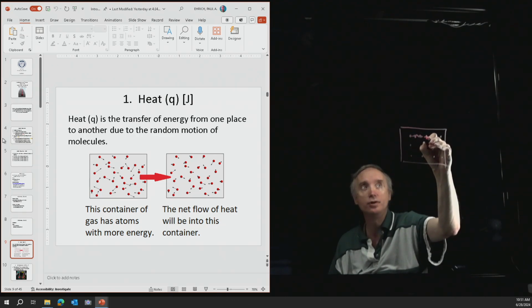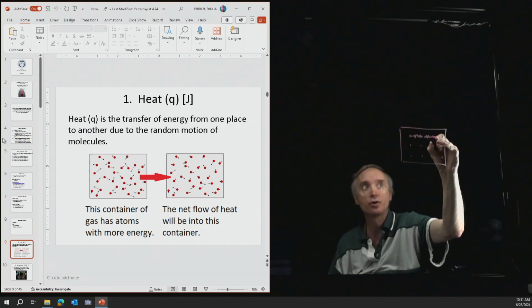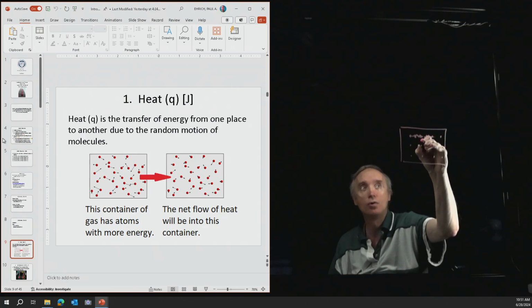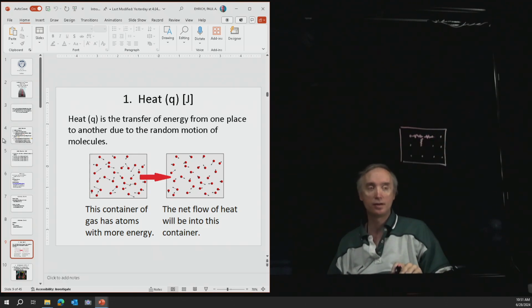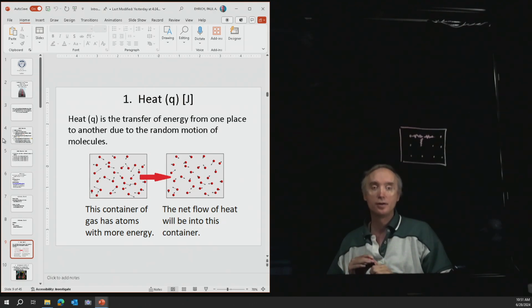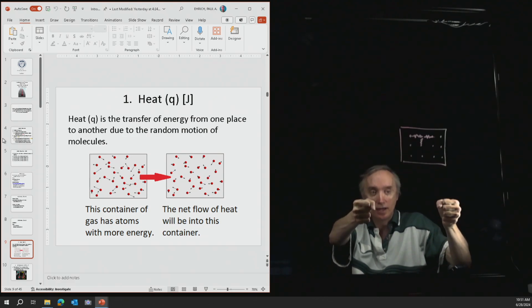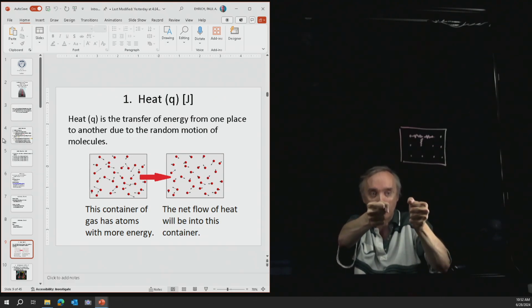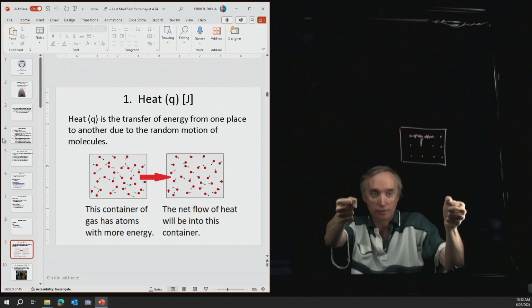Now, there's not really going to be springs holding these atoms together, but we can think of this as springs because we know that if you have two positive charges and you try to push them together, they're going to repel each other.